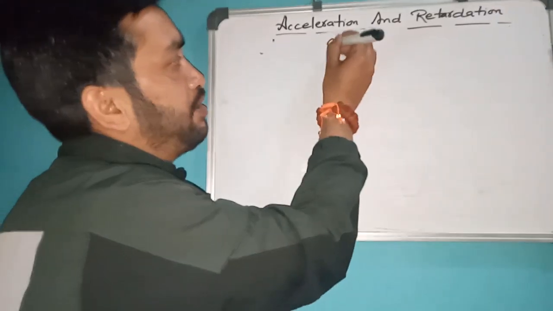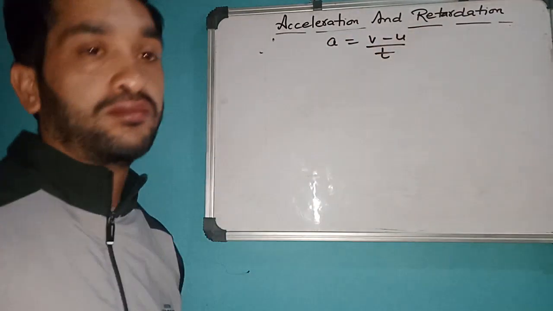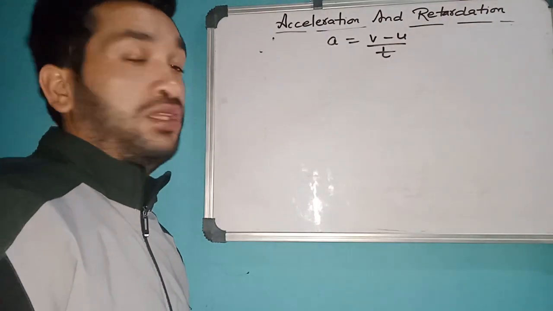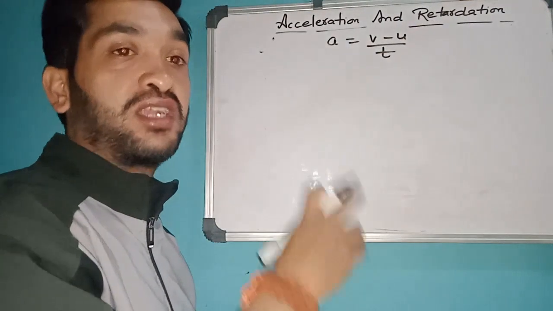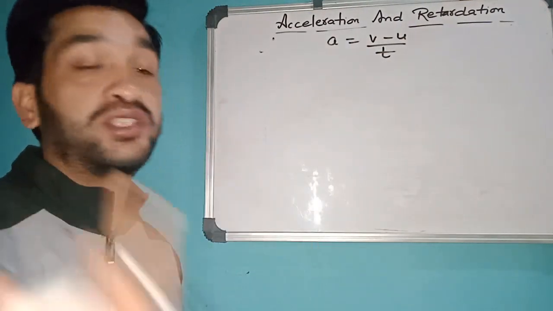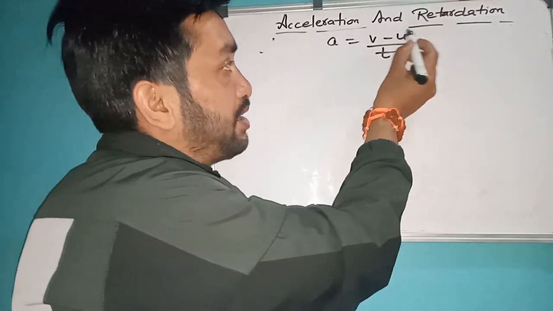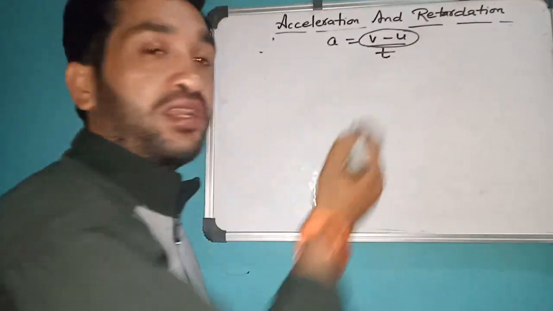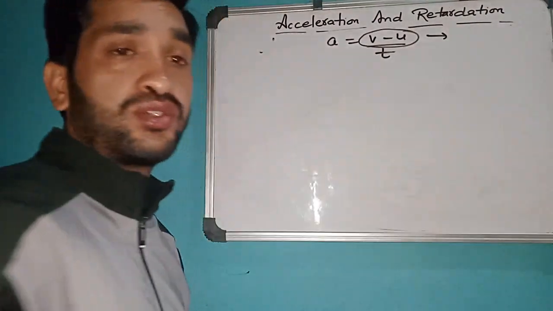See, acceleration equals v minus u by t. Now do not think that velocity is meter per second, then minus u equals meter per second, so meter per second will get cancelled and you will get nothing. No. Take it as a whole quantity. If you see this v minus u, what is coming out from here? You are getting the speed, you are getting the velocity.